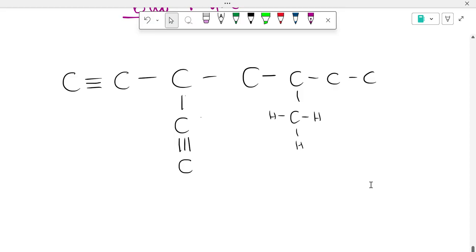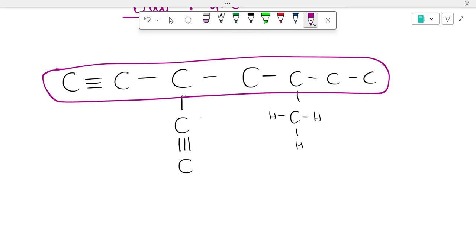Okay, so let's look at this compound. Looks like a nice one. What's the first thing you do? Identify the longest continuous chain. So that will obviously be this one. If you don't trust me, you can check by comparing the other paths that one can decide to take, right? Okay, so we've identified the longest carbon chain.